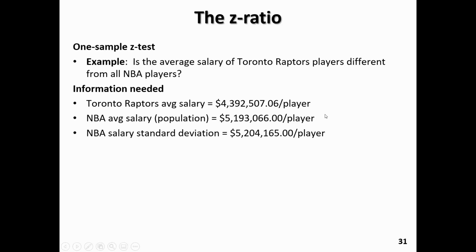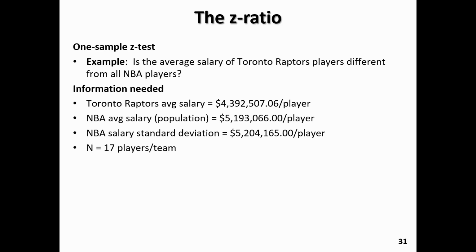We also need to know the standard deviation for the players across the National Basketball Association. Through our research, we find that the standard deviation around the average of $5.2 million is $5.2 million, indicating that there is quite a bit of variability in salary structure for professional basketball players.